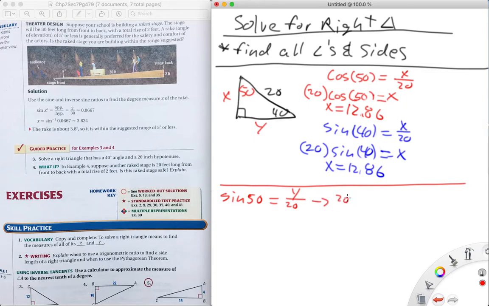And then 20 times sine of 50 equals y. So then y equals 15.32.